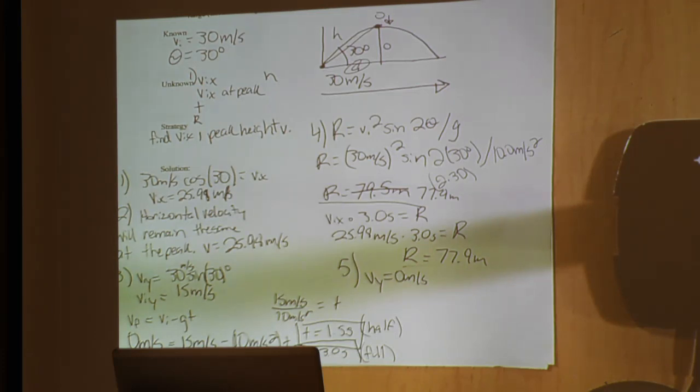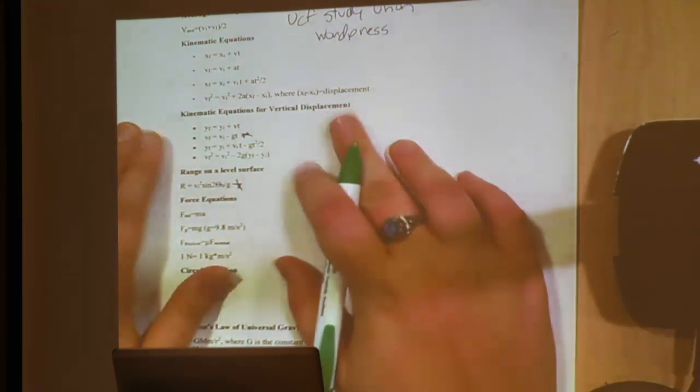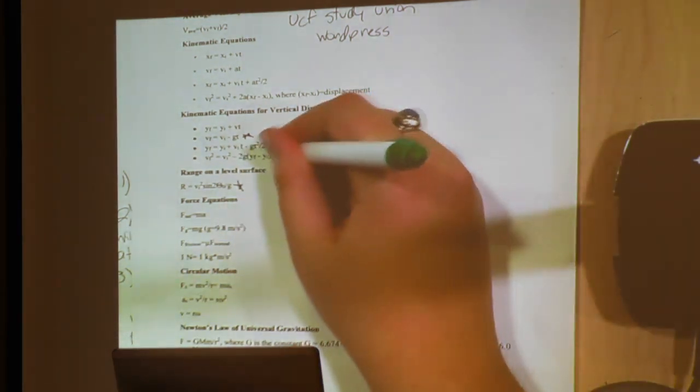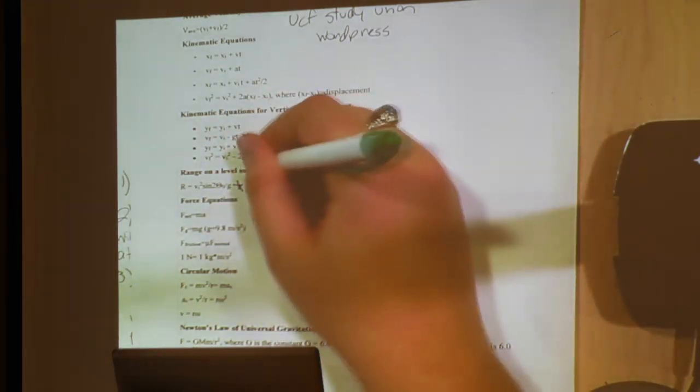So if we look at our kinematic equations real fast, we're trying to find height. So do you guys see a quantity here that represents height in your 2D kinematic equations, your vertical kinematic equations? This one? Yeah, good. So this refers to the position, right?